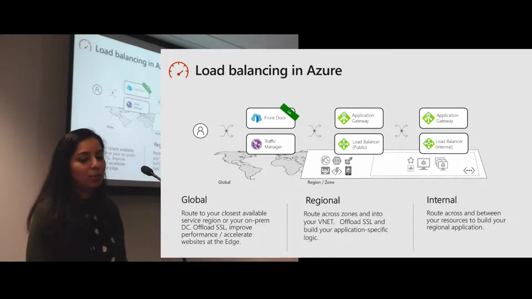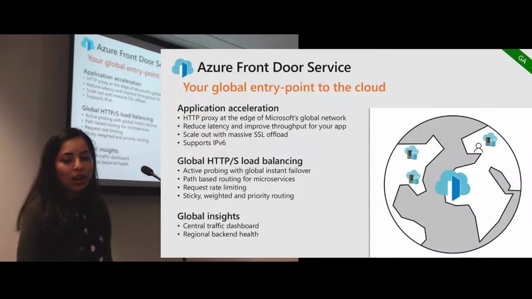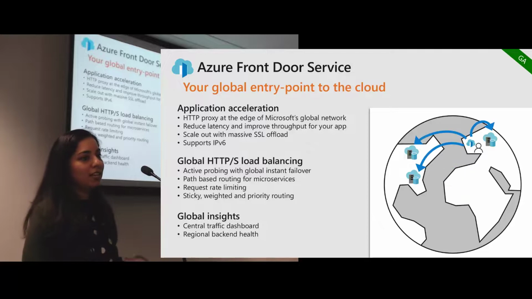It's put here next to Traffic Manager, but it actually provides you a much quicker failover than Traffic Manager. So Front Door is your web application acceleration platform with global load balancing capability on Azure.